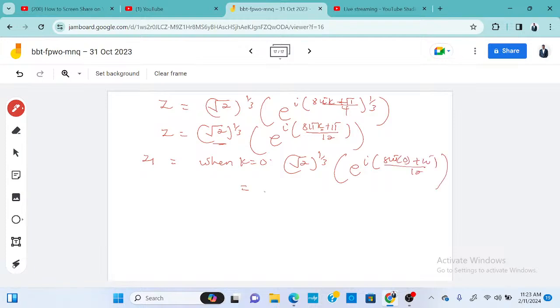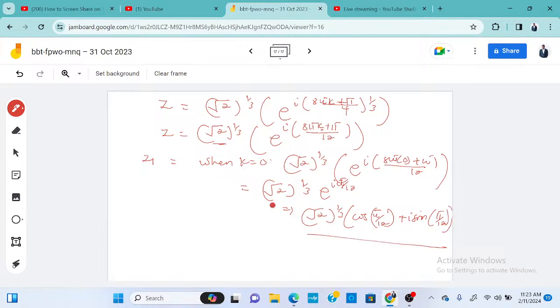So this simply gives me square root of 2 all to the power 1 out of 3, e to the power i pi on 12. Then now this becomes square root of 2 all to the power 1 out of 3, open brackets, cosine of the expression pi on 12 plus i sine of the expression pi on 12. And that gives me my first root of this equation.